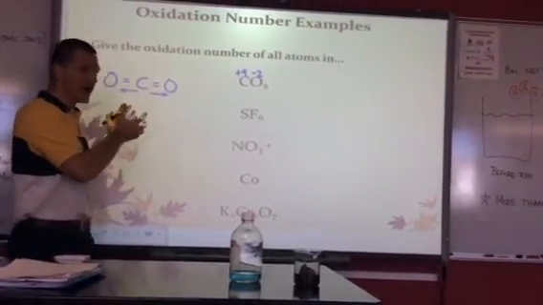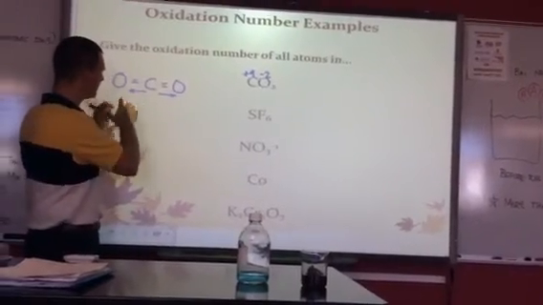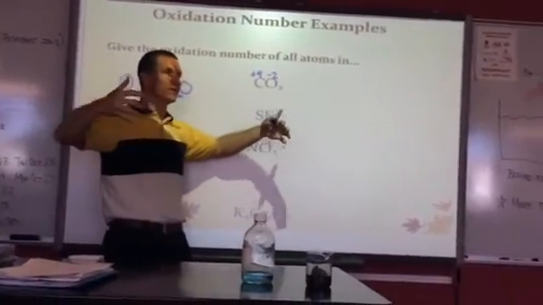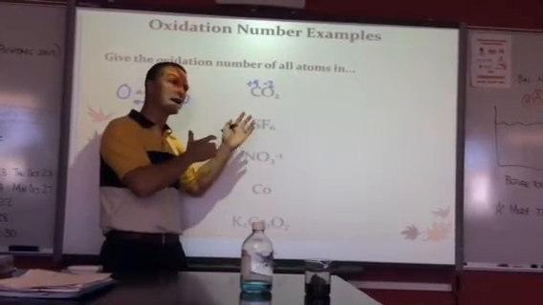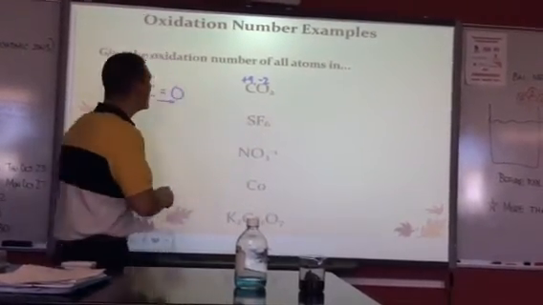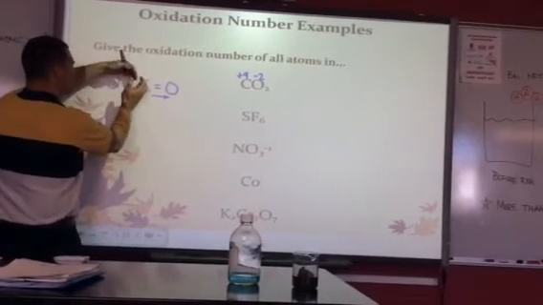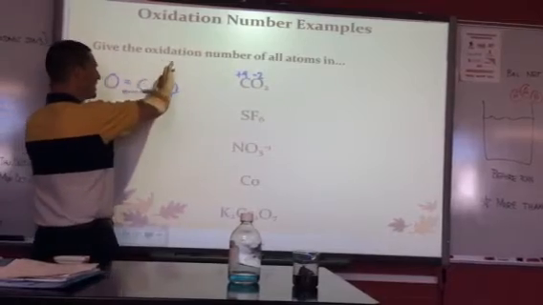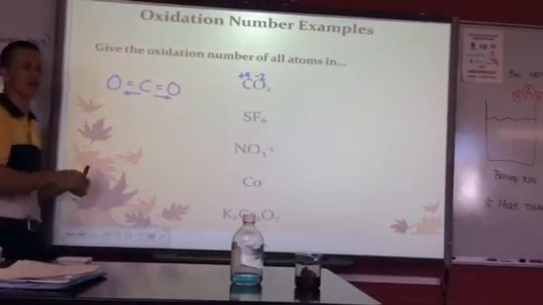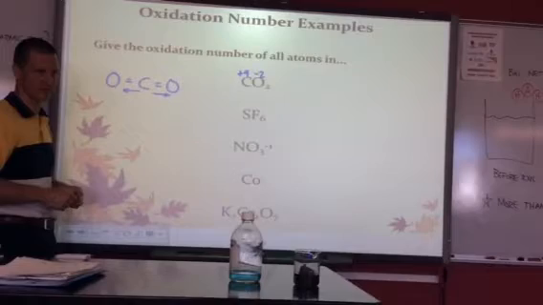So even though this is not ionic, it is a covalently bonded molecule, the carbon is feeling like it's losing its 4 electrons, which gives it a positive 4, not charge, oxidation number. The oxygens are gaining the 2 in each case of the double bond. This oxygen is gaining 2 electrons. That oxygen is gaining 2 electrons because of the unequal sharing. That gives the oxygens a negative 2 each.